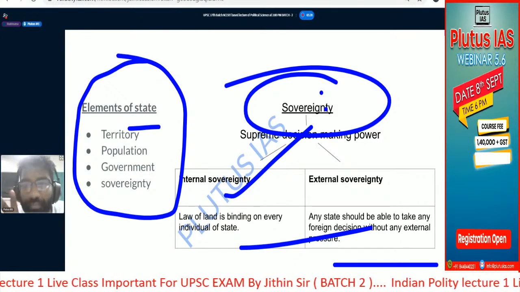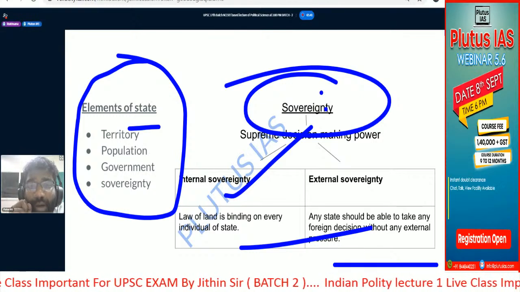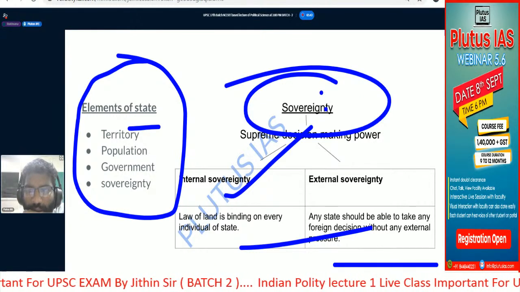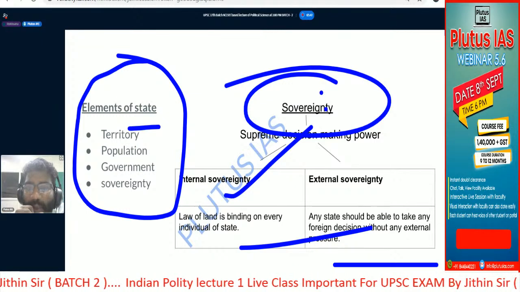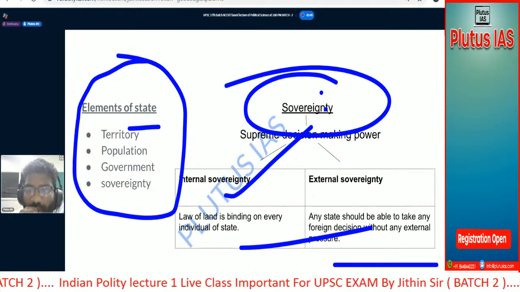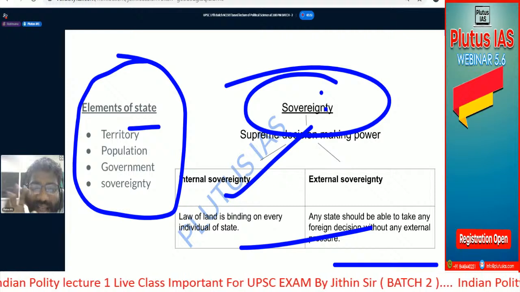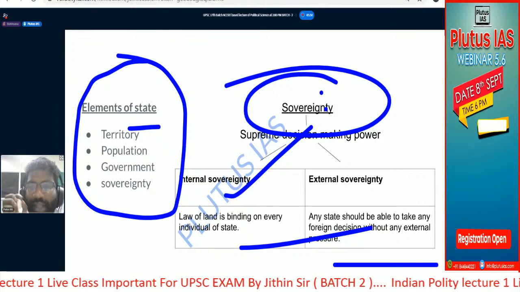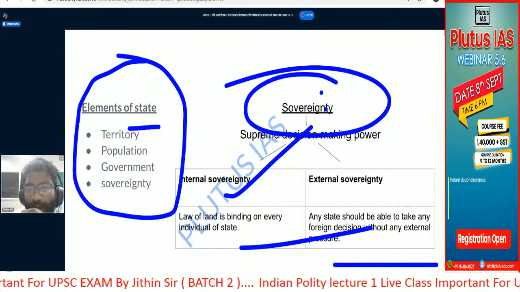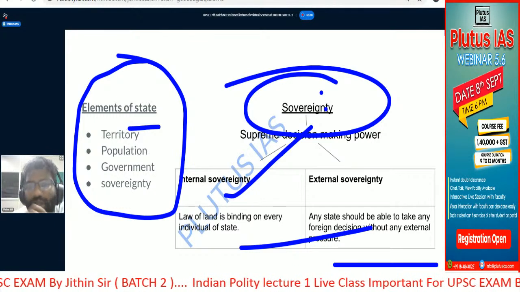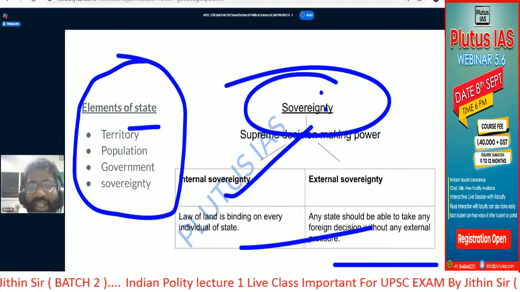Let us take the example of Ireland. In Ireland, it is very closely linked with the United Kingdom. They have their own parliament, but most of the decisions are taken by the Queen of England. So they are not free to make decisions. They are not extremely free.